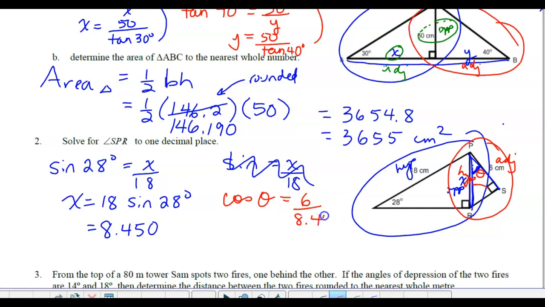So remember, if we're looking for an angle, we're pressing that shift key or second key, depending on which calculator you have. So it's really cos inverse of 6 over 8.450. Now, the thing is, in your calculator, you've got that saved.